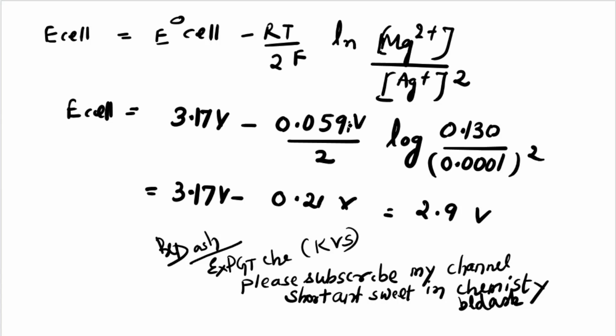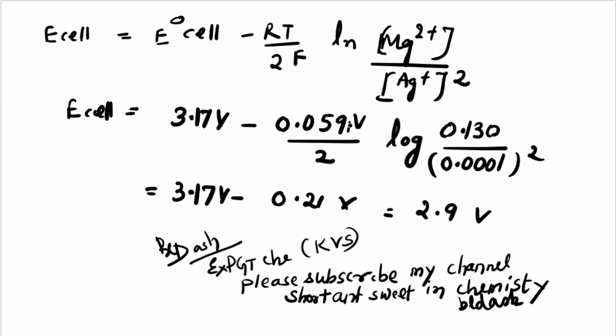So you put the values here, all the values: standard electrode potential 3.17 and n equal to 2, and the magnesium concentration and silver concentration are already there. By simple calculation, you get the value 2.9 volts. E cell means cell potential, the electrode potential of the cell.